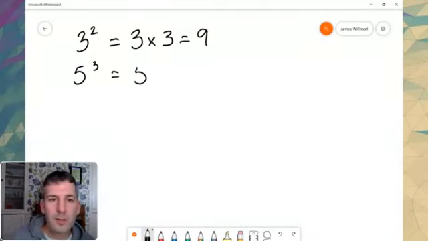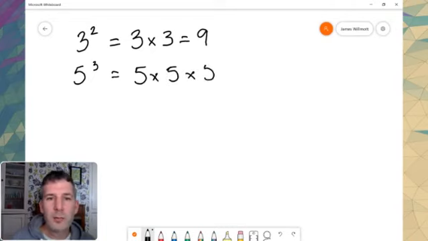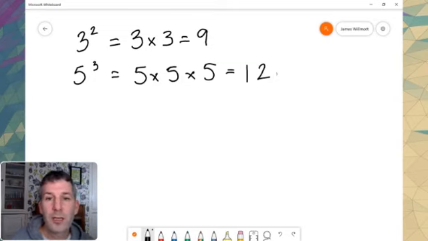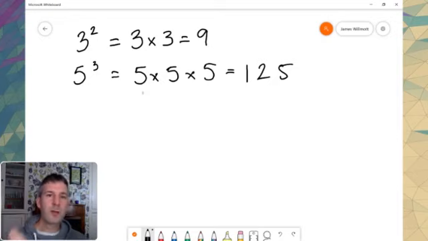So 5 multiplied by 5 multiplied by 5. 5 times 5 is 25, and then 25 times 5 is 125. So 5 cubed, or 5 to the power of 3, is 125. Whatever that index number is, you just multiply the number by itself that many times.